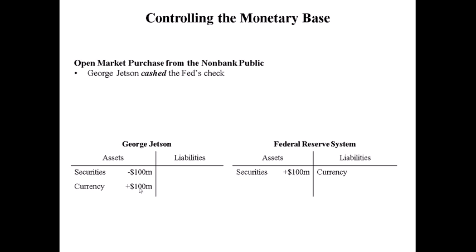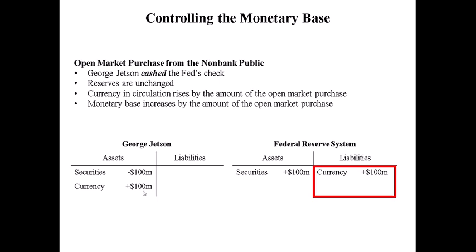Because George Jetson is holding this money as currency that he got from the Fed, the Fed's currency liability goes up by $100 million. Again, the net worth of the Fed has not changed because this increase equals that increase. The assets have not changed for George Jetson because George lost $100 million in securities but gained $100 million in currency. The monetary base increases by $100 million in this case.